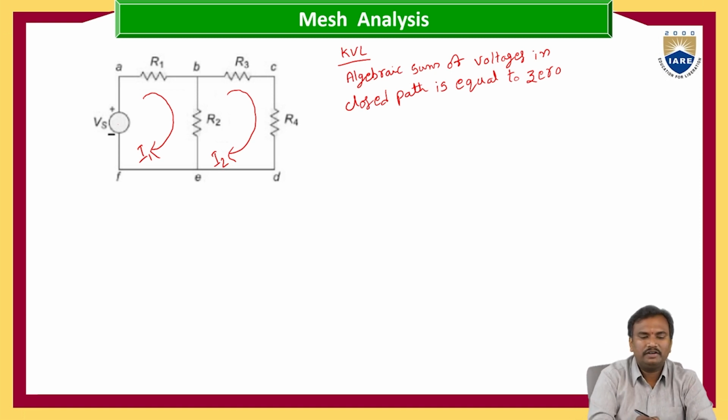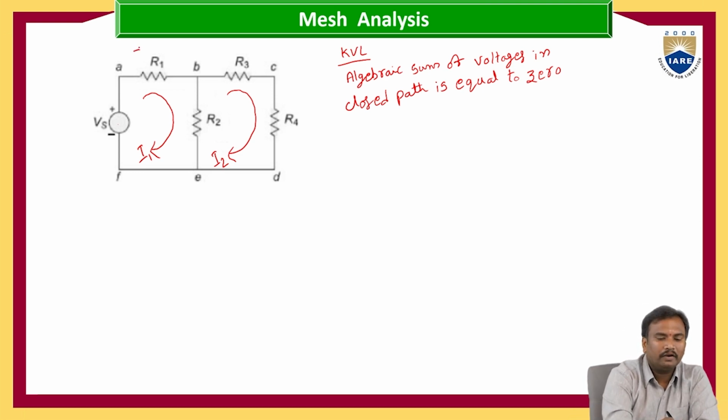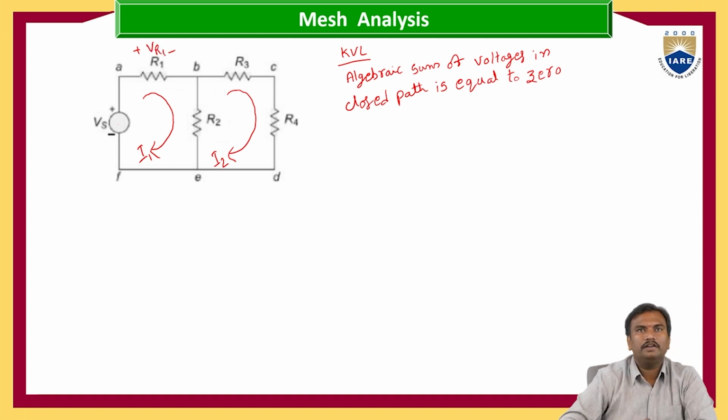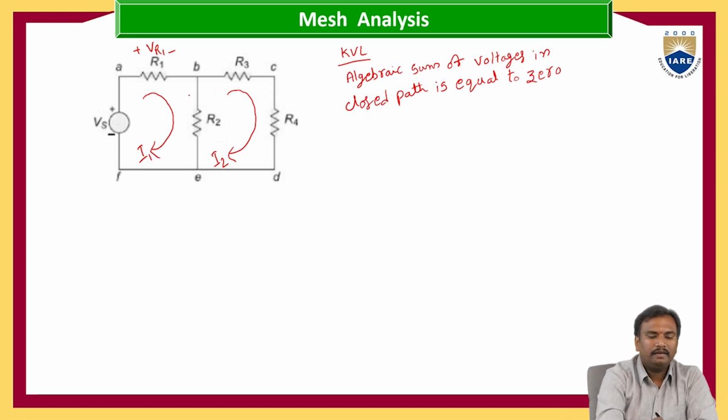So, for any resistor, the voltage drop across the resistor is taken such that the terminal where the current is entering is positive and the leaving terminal is negative, and this is the voltage drop across resistor 1. And here we have to check this. What is the voltage across R2?